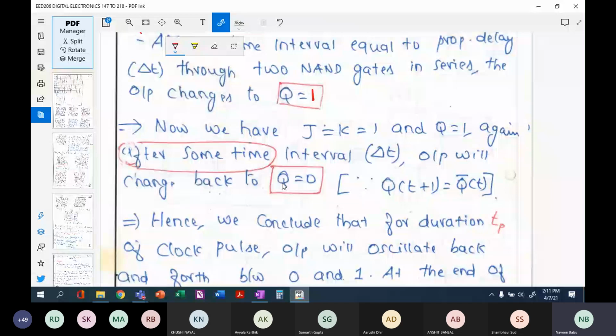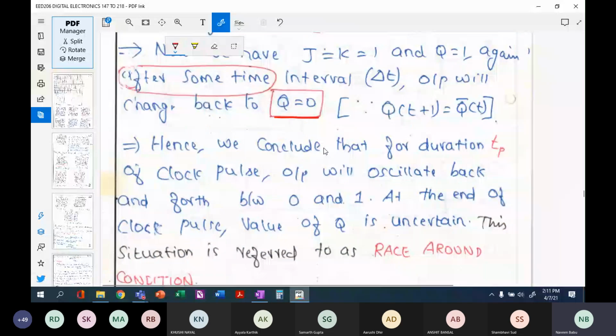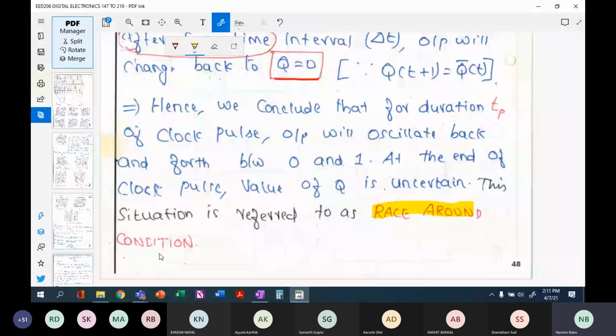It will oscillate between 0 and 1 till there is an external input from clear. This continues, and this particular condition is called the race around condition. Whatever I have said verbally using the diagram has been written here.